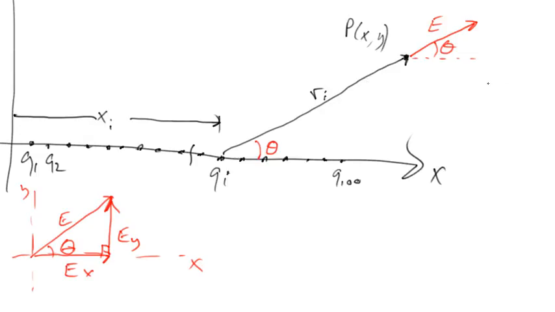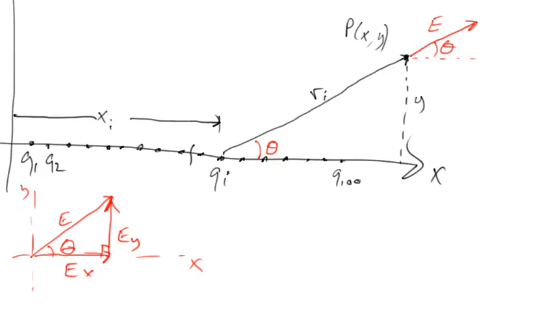Alright. So this is the y coordinate of the particle. For every single charged particle, the y component of the point P in space, where I'm calculating the electric field, how high above the x-axis it is, is the same.